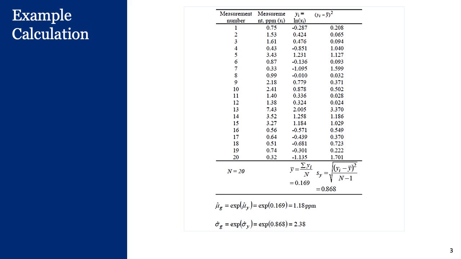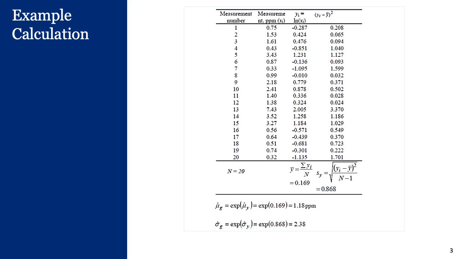In the bottom of the slide, you can take the exponent of this 0.169, you get 1.18 parts per million. And this is the geometric mean of the distribution from which you have obtained 20 measurements.